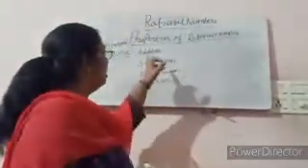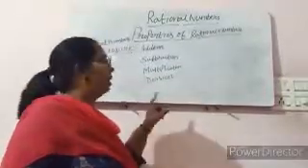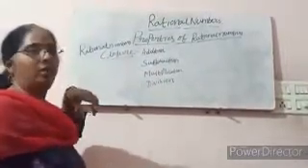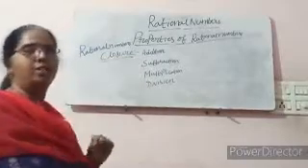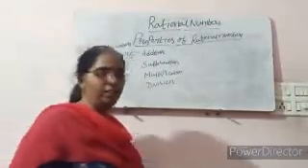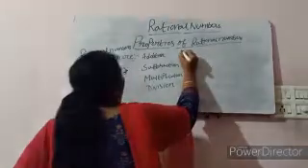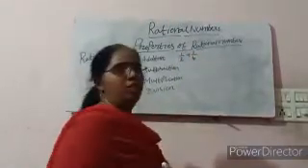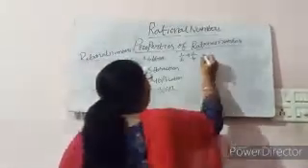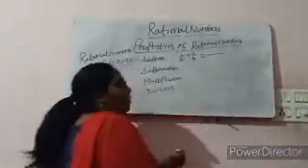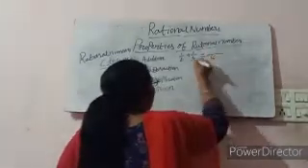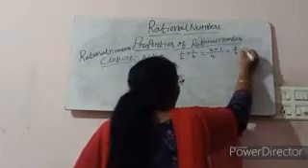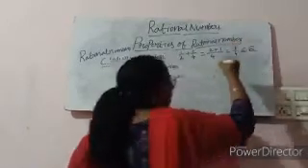Now we will see the closure property on rational numbers. Here also I am checking all four operations. For addition, 1 by 2 plus 1 by 4, these two are rational numbers. The LCM of 2 and 4 is 4, so 2 plus 1 gives 3 by 4, which is a rational number.